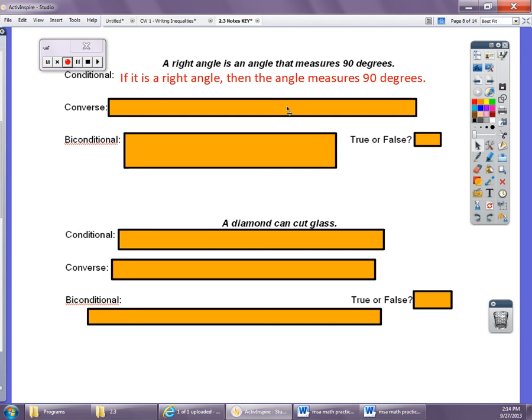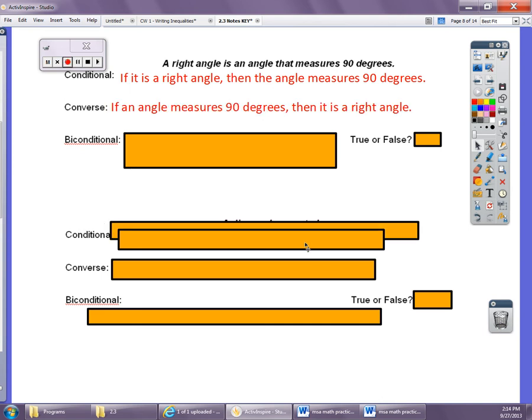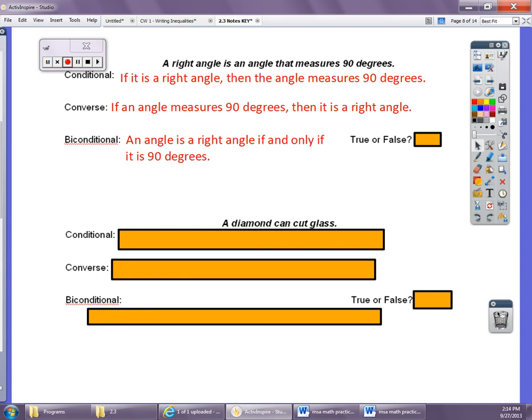The converse of that, we flip the if and the then. If an angle measures 90 degrees, then it is a right angle. Or biconditional: an angle is a right angle if and only if it is 90 degrees. That is true.